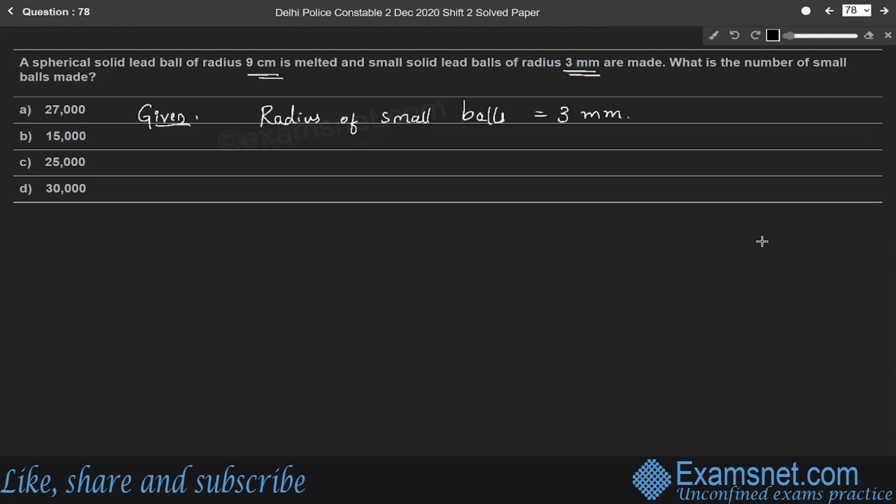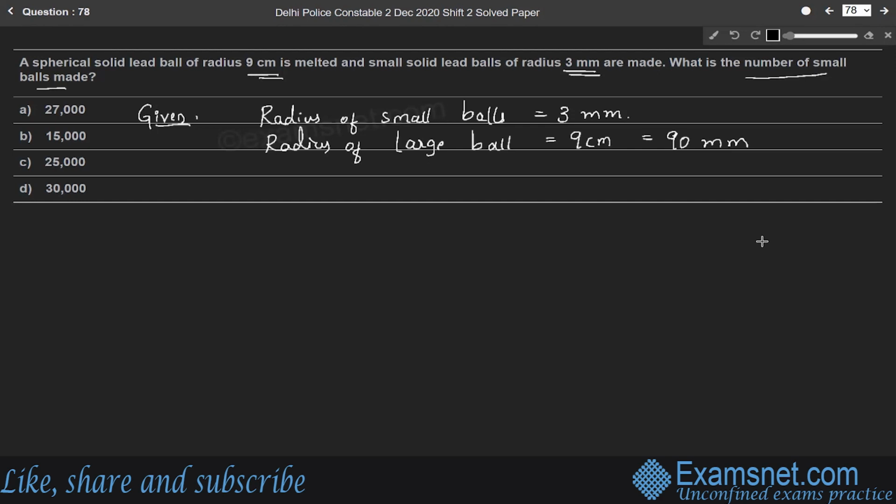Whereas the radius of the large ball is equal to 9 centimeters, which is 90 millimeters, right? So we have to find the number of small balls made.